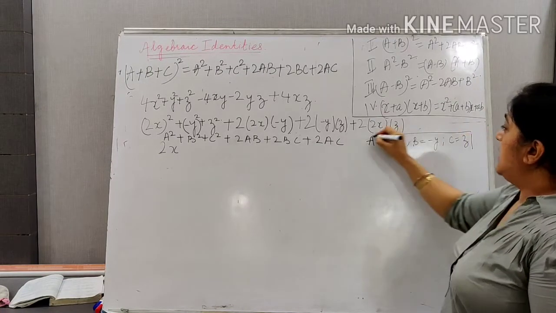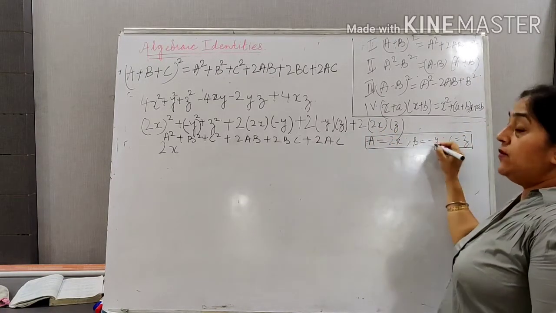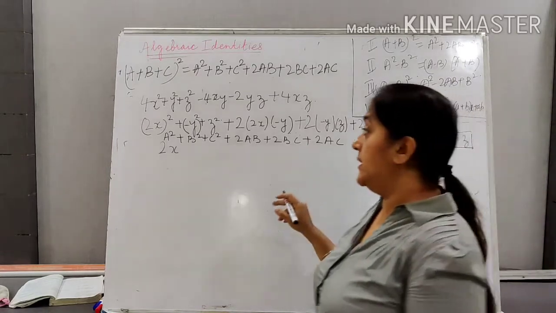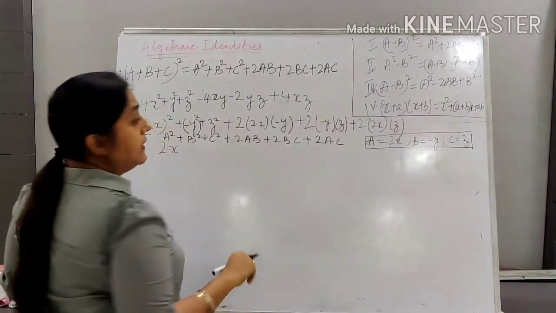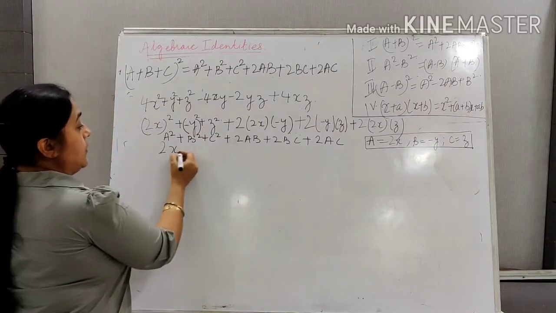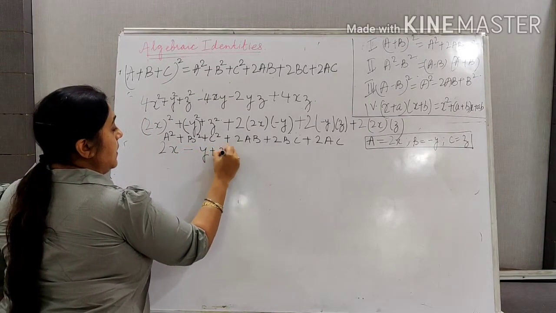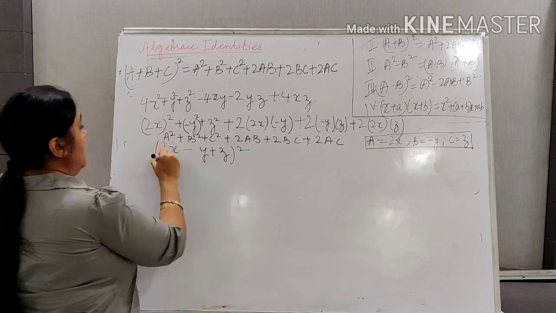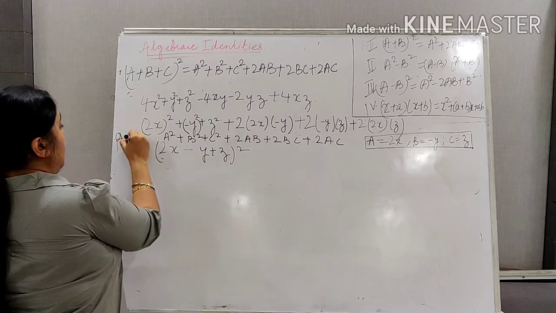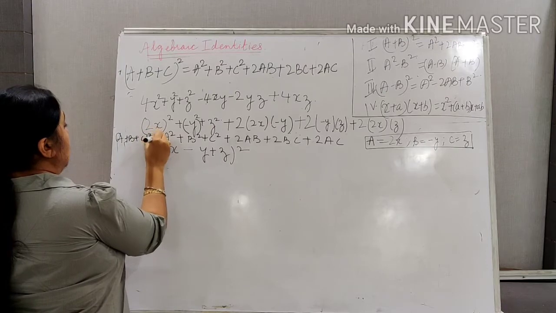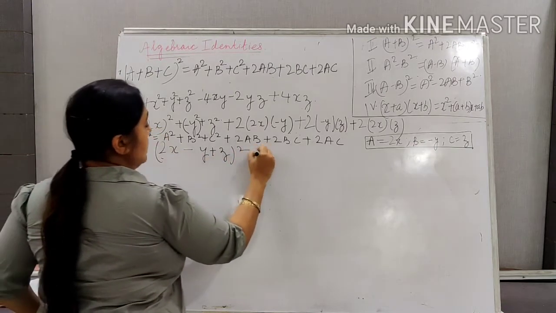C is z. This only you have to recognize from the question, which term is positive and which term is negative. And your answer becomes a plus b plus c whole square. So this is your answer.